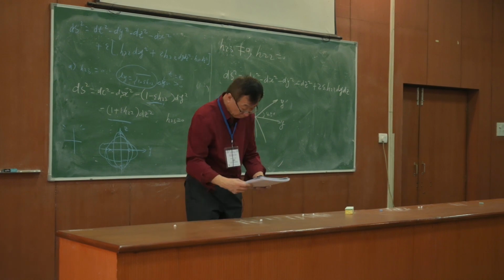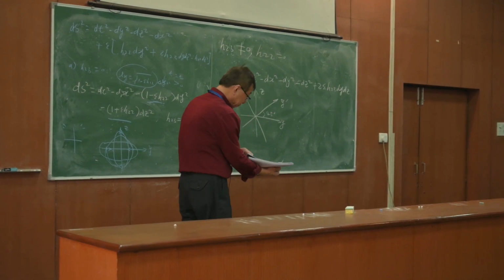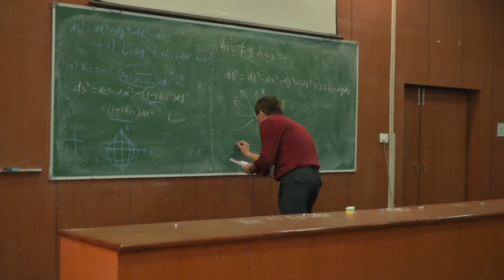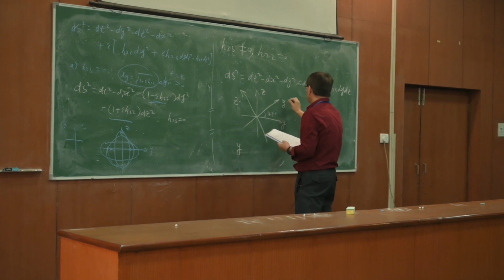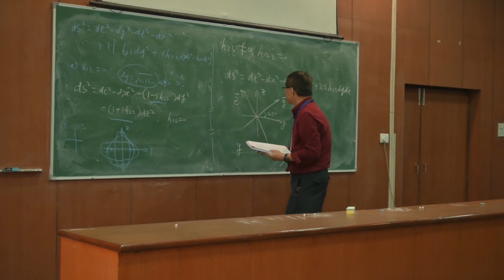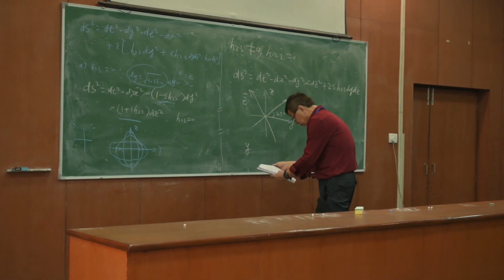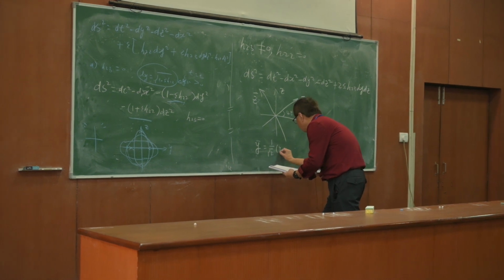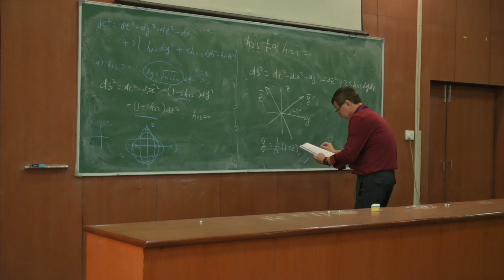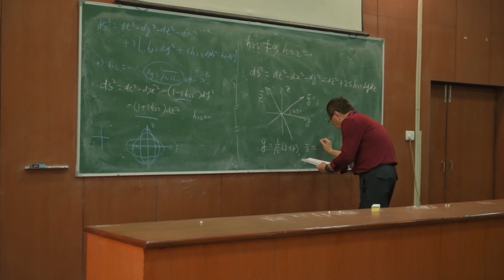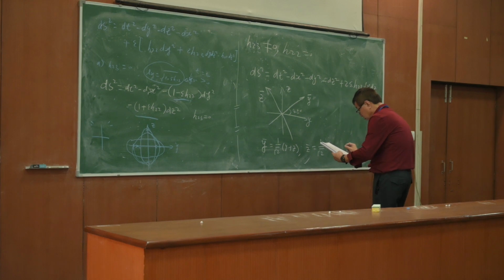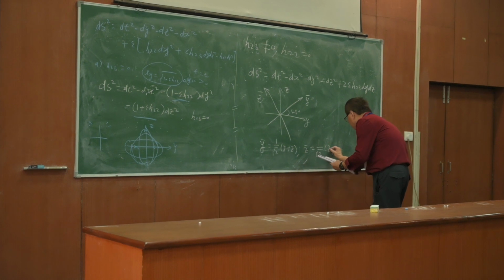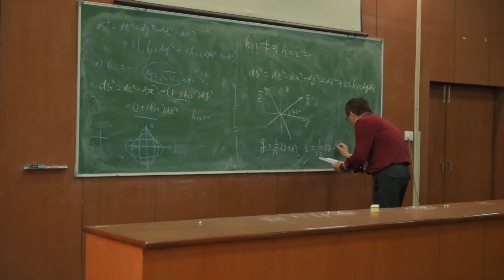If I do this, let's use hats: y hat equals minus y plus z over root 2, and z hat equals y plus z over root 2.